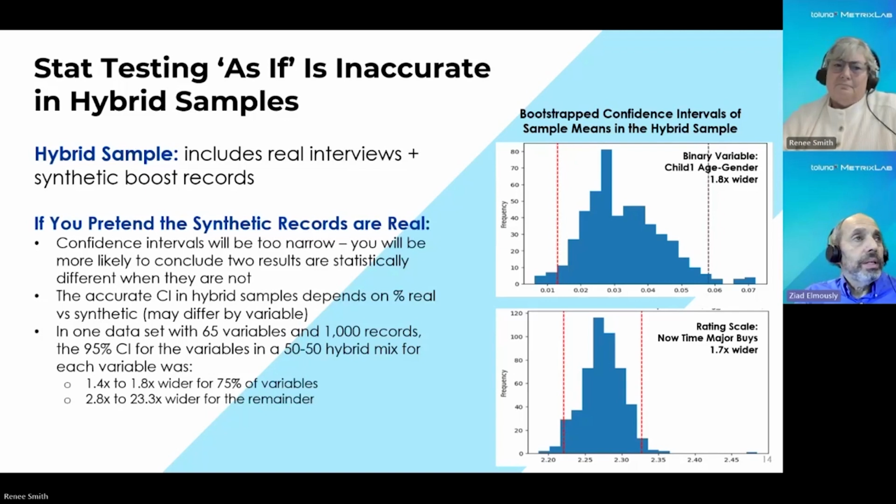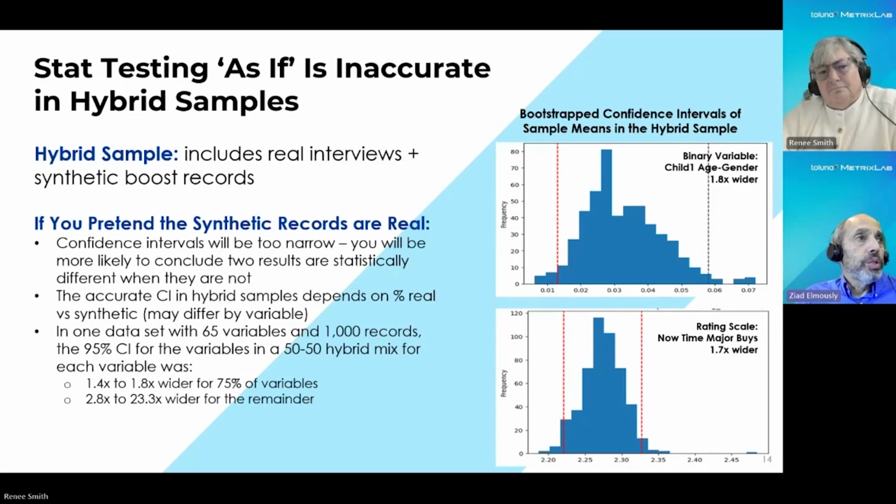And in comparing the ratio of the confidence intervals using the bootstrap methods to those using the standard methods, we use a data set with 1,000 records and 65 variables.